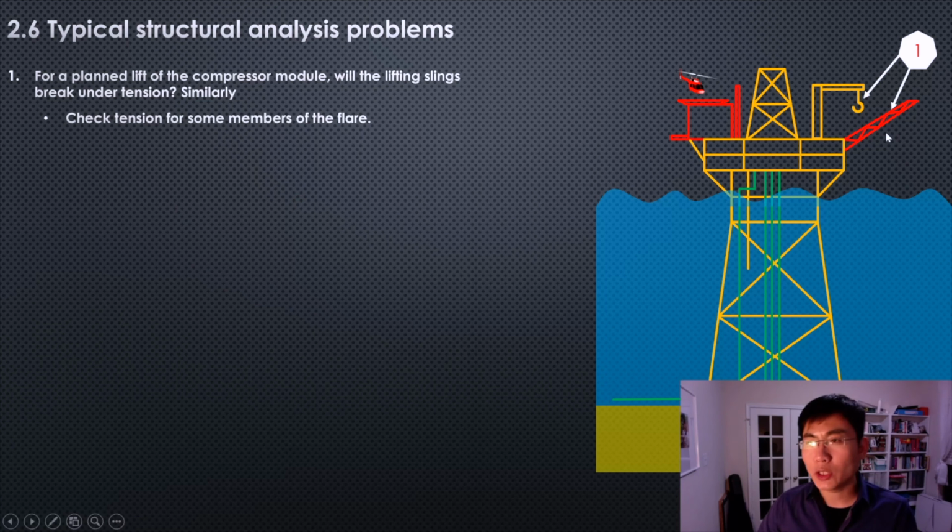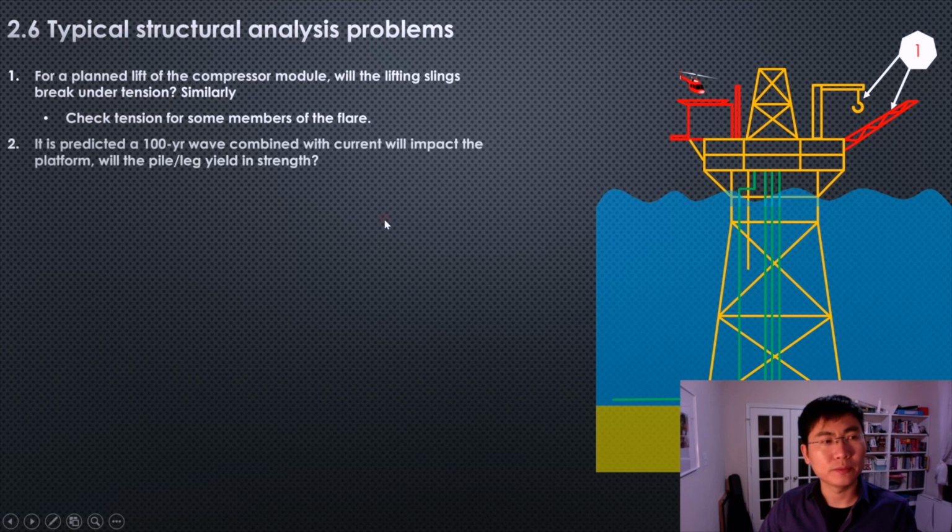Similarly, if we check the flare, this is a flare structure, remember, the flare structure has a tendency to fall down. So the top member here will go in tension, and the bottom member will go in compression. The second type of typical structural analysis problem will be, say, if it is predicted a 100-year wave combined with current will impact the platform, the weatherman has said his word, will the pile and leg yield in strength? So will we have a failure there?